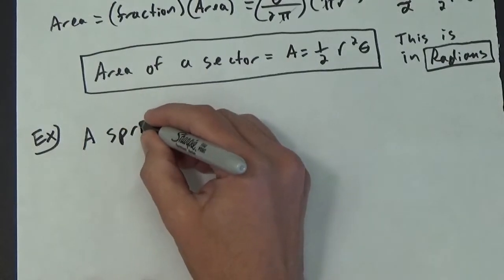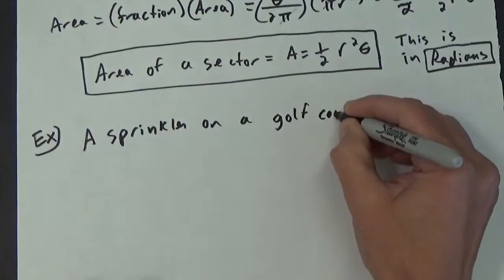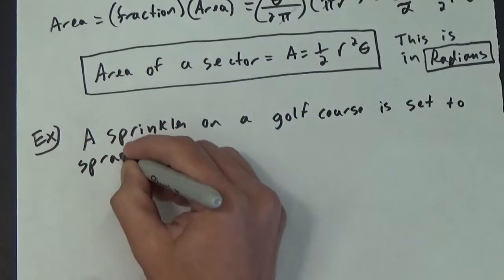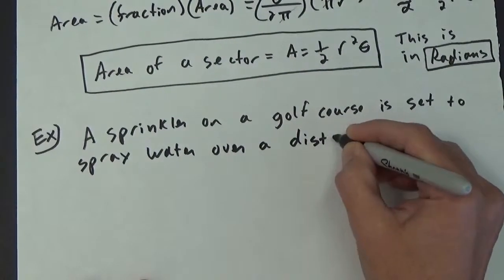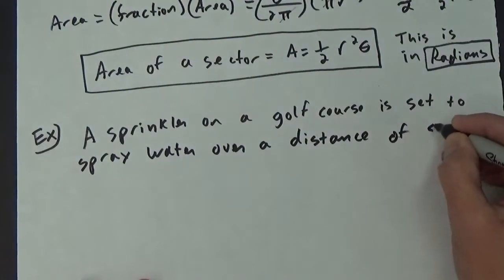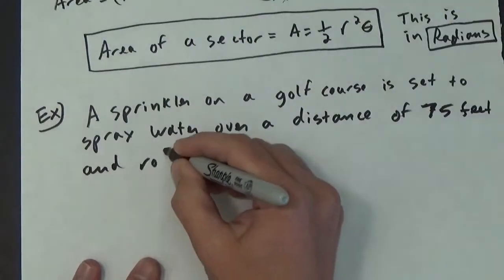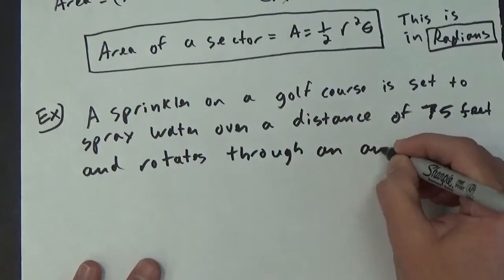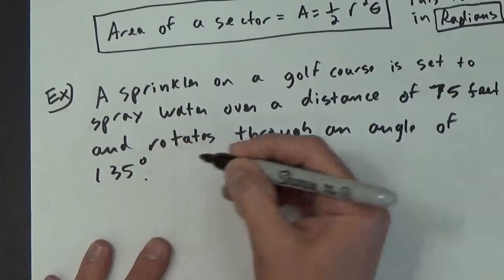A sprinkler on a golf course is set to spray water over a distance of 75 feet and rotates through an angle of 135 degrees.